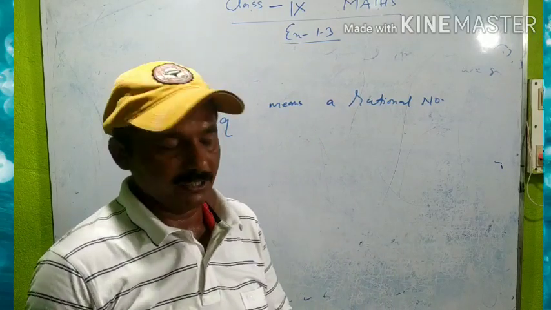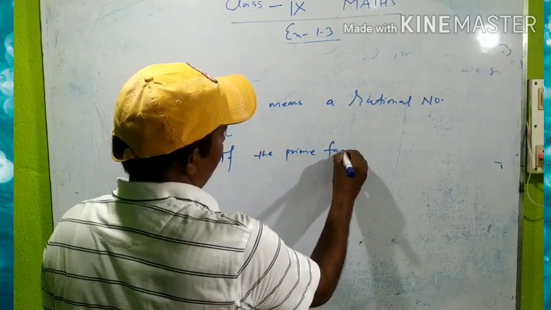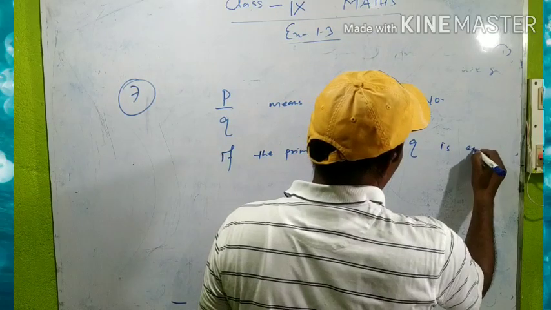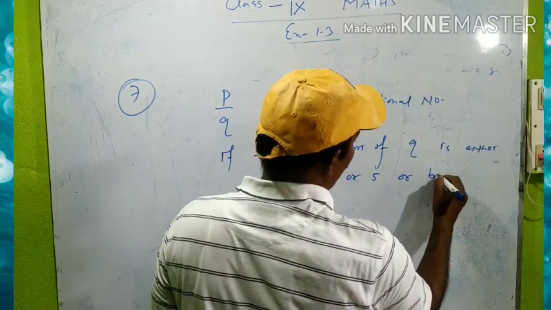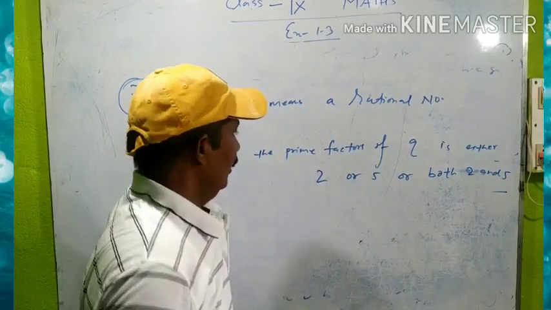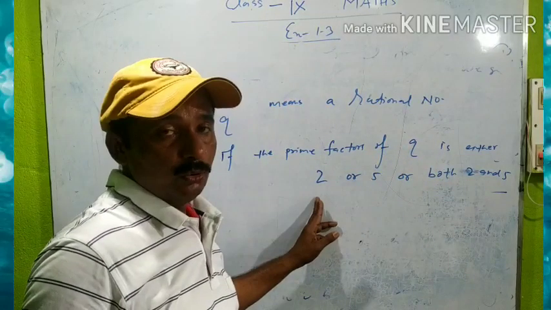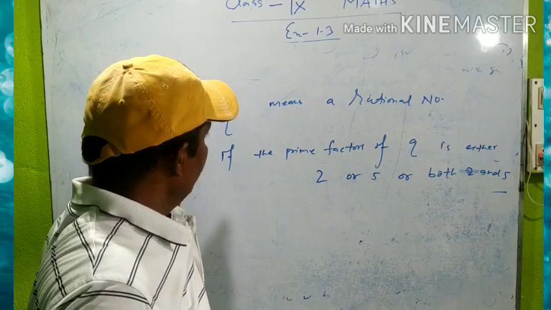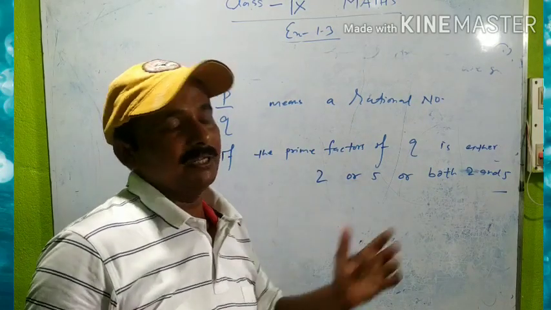So one very simple property is there. If the prime factors of Q, the denominator, are either 2 or 5 or both, 2 and 5, then in this case the decimal expansion of such a rational number is certainly a terminating decimal expansion.